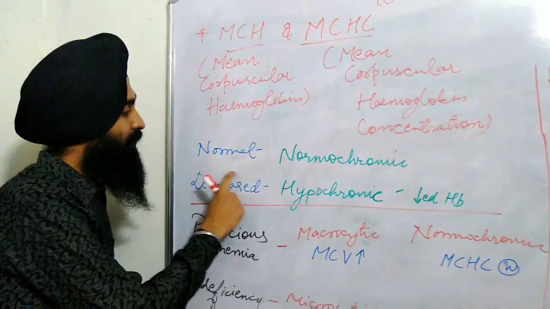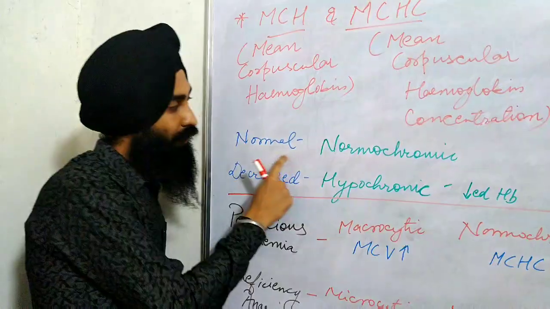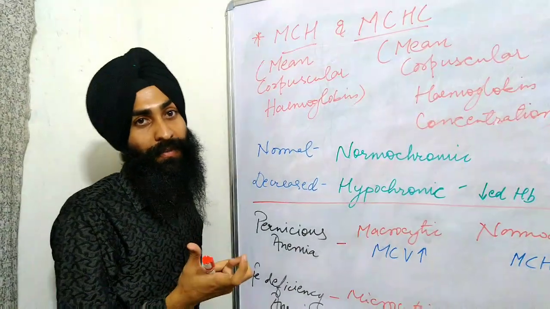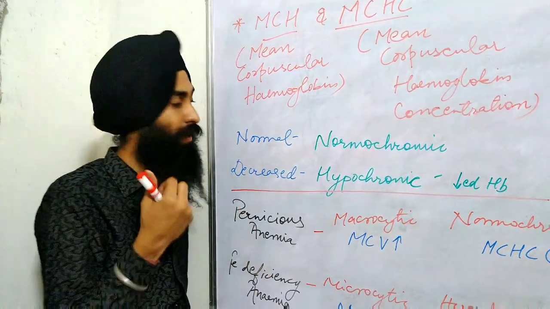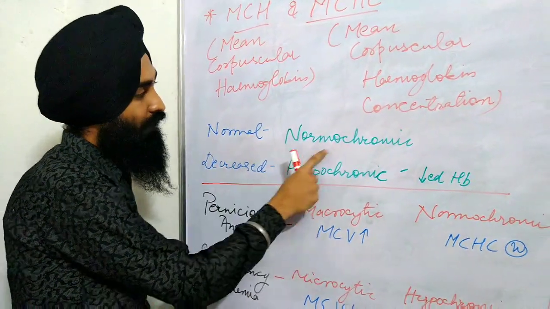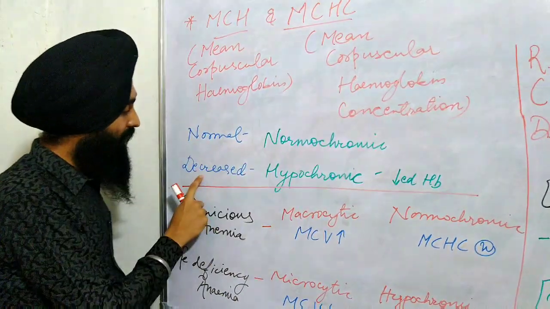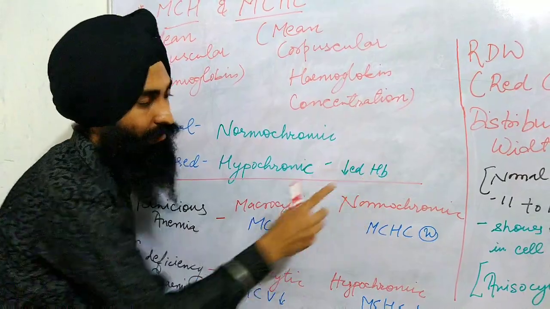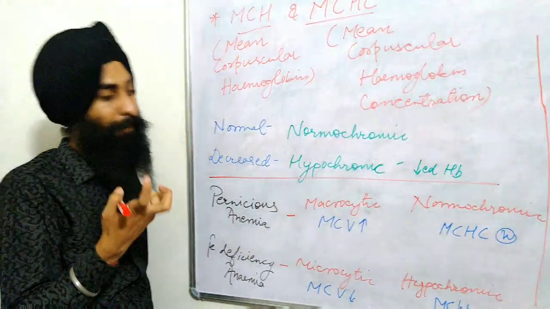Now, if MCH and MCHC are normal, then the condition is called normochromic. It denotes the color of the RBC which it gets from the hemoglobin. So normal, then it is normochromic. And if they are decreased, the condition is hypochromic, that is decreased hemoglobin concentration in the blood.